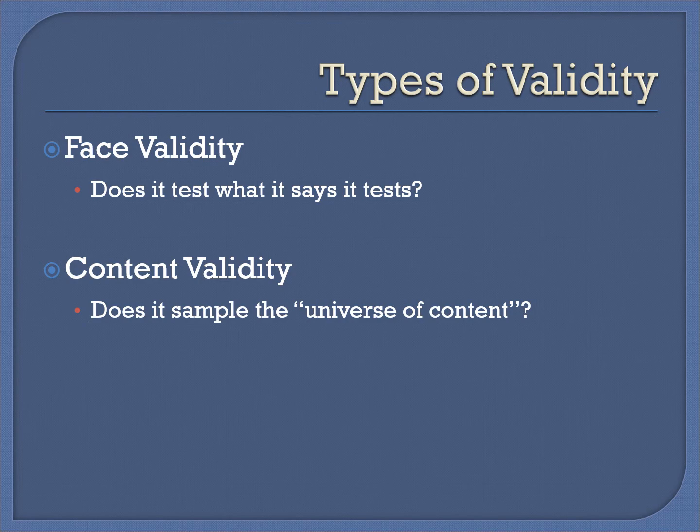Content validity really evaluates whether or not the survey measures and is a complete representation of the concept of interest. Does it really sample the entire universe of content related to that particular topic area? So going back to our survey that we developed, it's going to evaluate patient satisfaction in patients who've completed a course of physical therapy intervention.